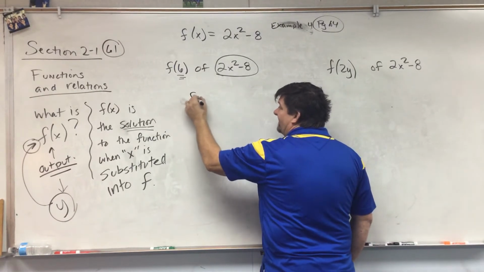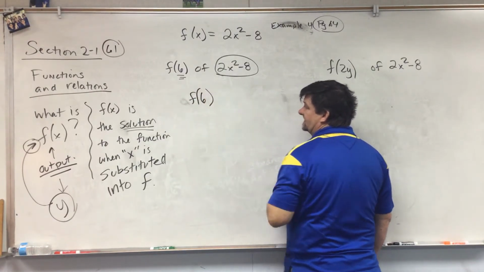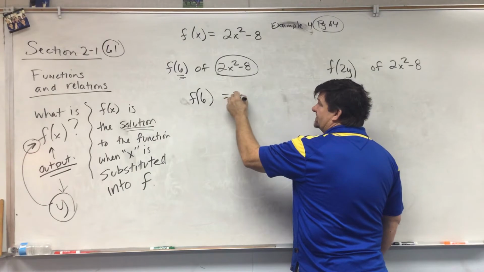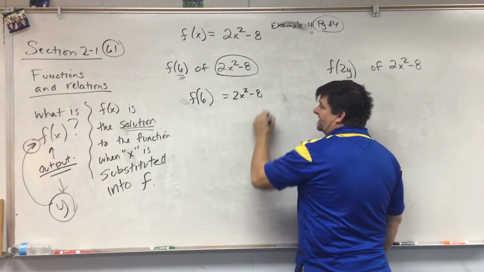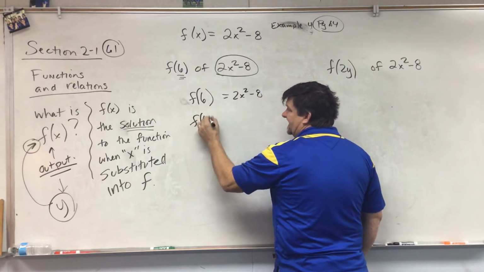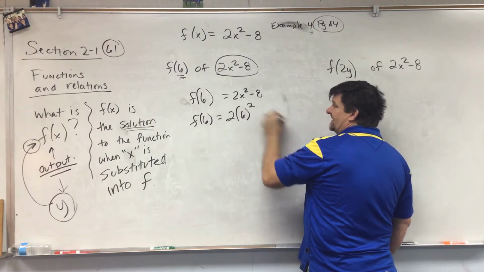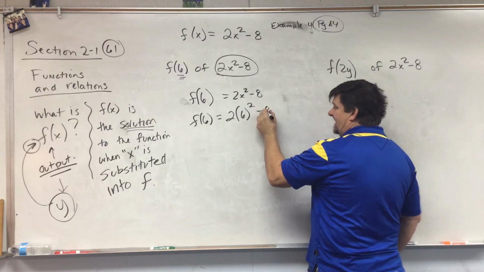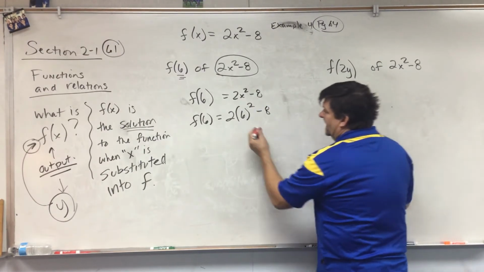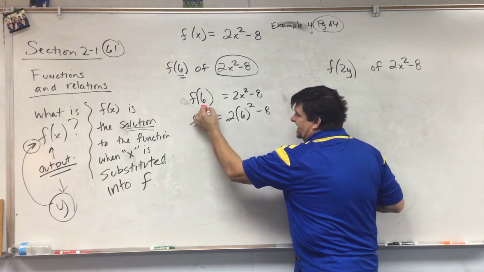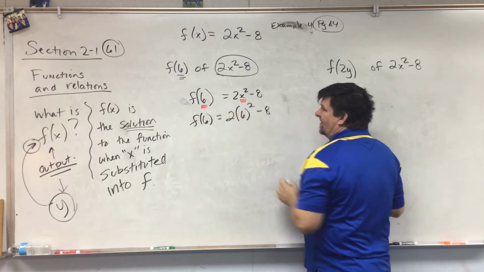So f of 6 equals 2x squared minus 8. Therefore, f of 6 equals 2 times 6 squared minus 8. So I just took the 6 and put it in for all the x's.